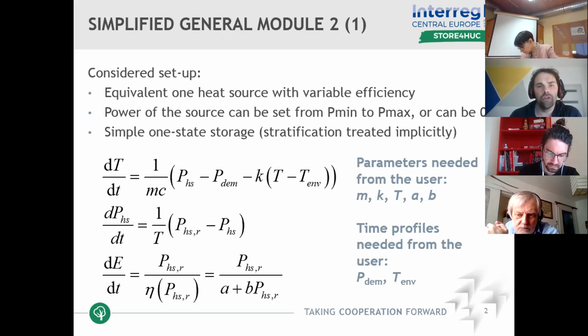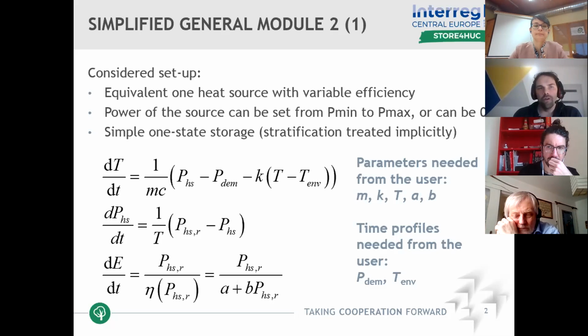The power to the storage is provided from the heat source. The power is sucked from the storage by the heat demand. And we also have modeled losses in the storage, meaning that if you have a storage charged for a while, because of its environment and, let's say, not perfect insulation, finally you will get the storage getting cold, if we are talking about the heat storage.